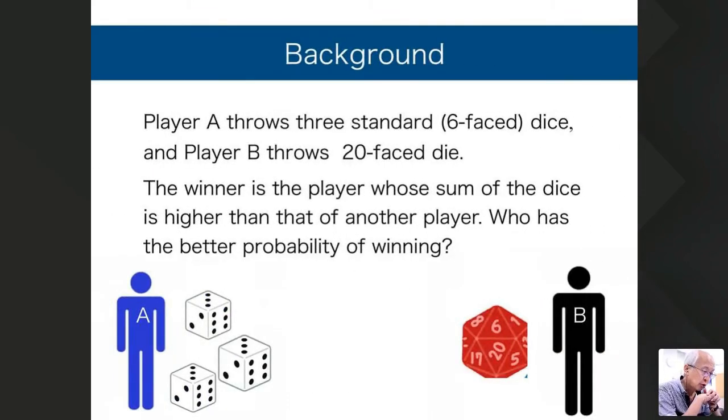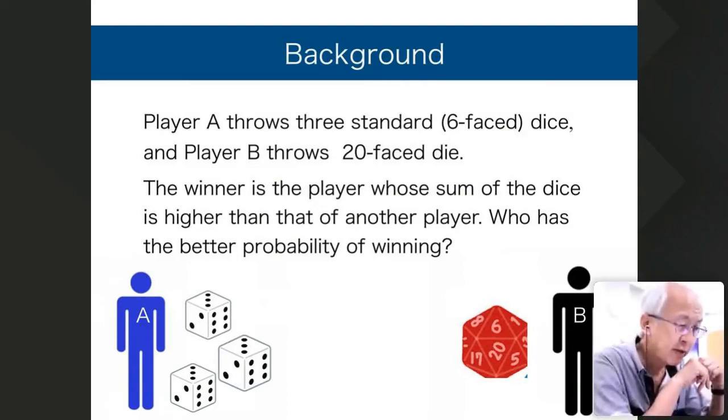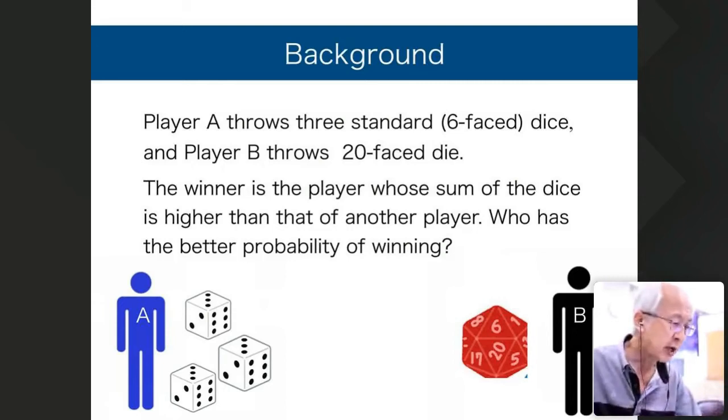Now I'm going to talk about the game itself. This is a very important definition. There are two players. Player A throws 3 standard 6-face dice, and player B throws a 20-face die.